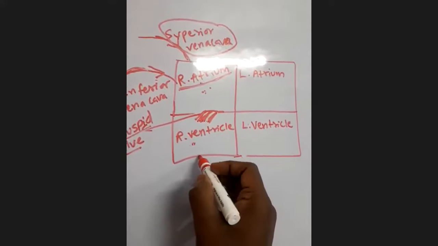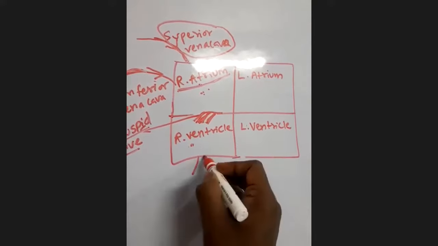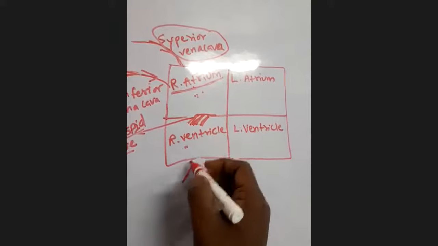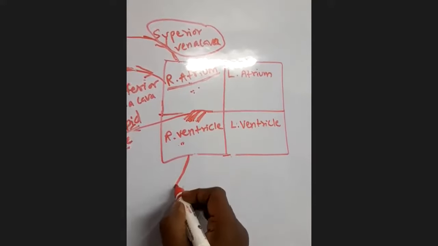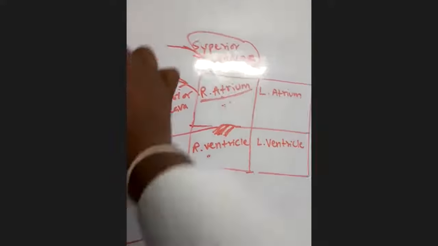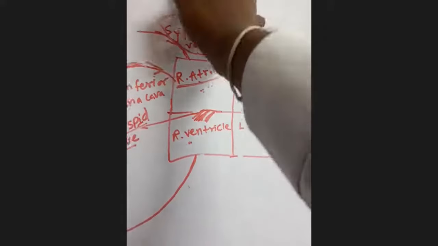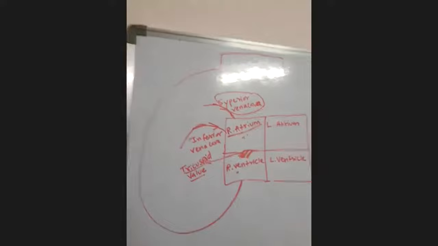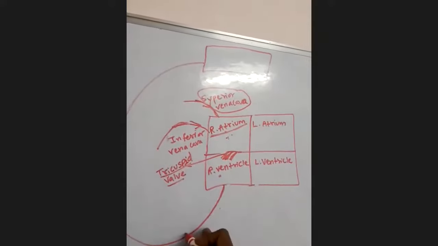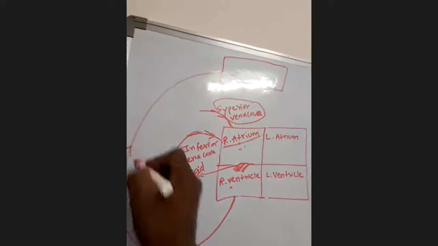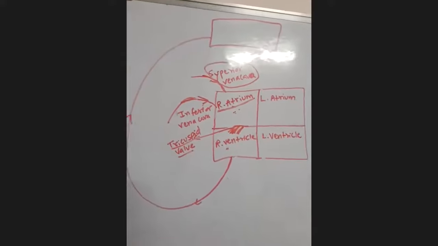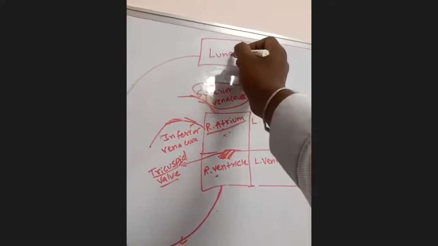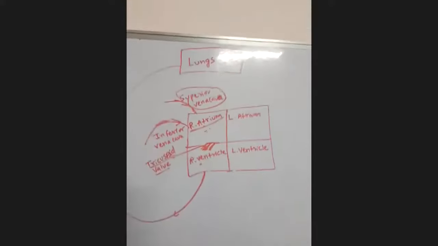Then through pulmonary arteries, so here we have lungs, right? Then through pulmonary arteries, this impure blood or deoxygenated blood will go to the lungs.